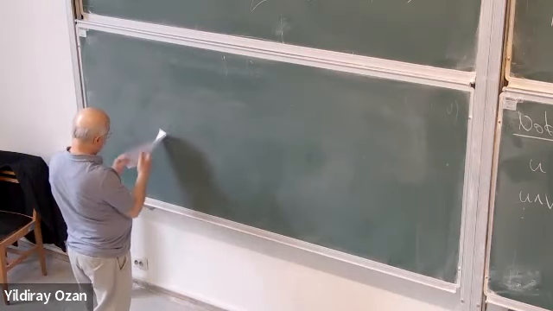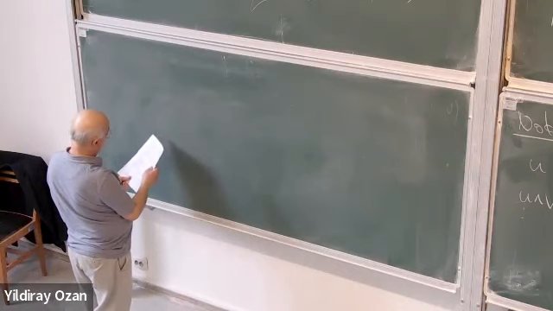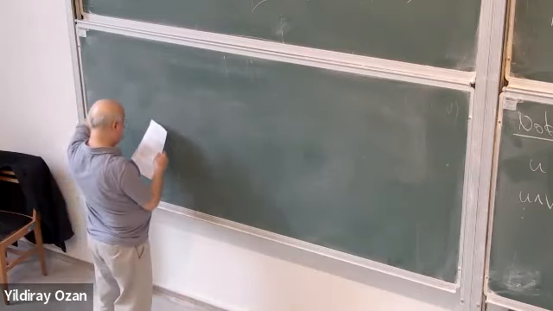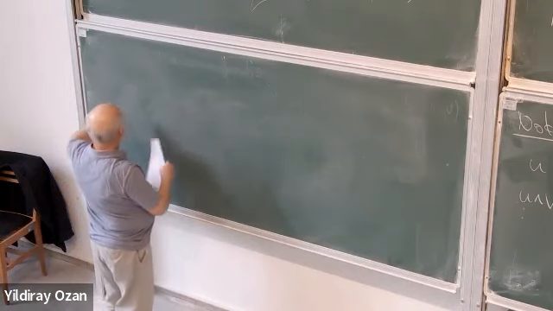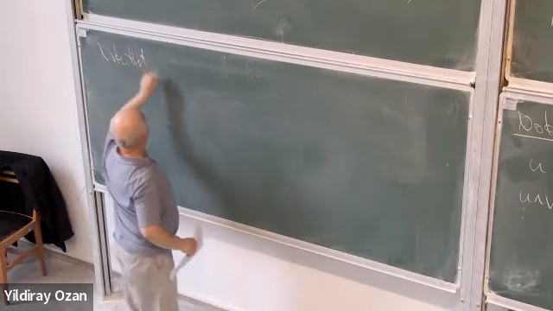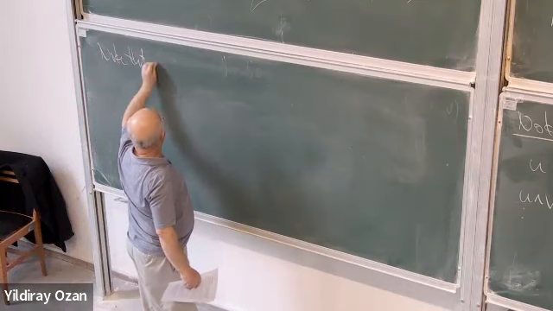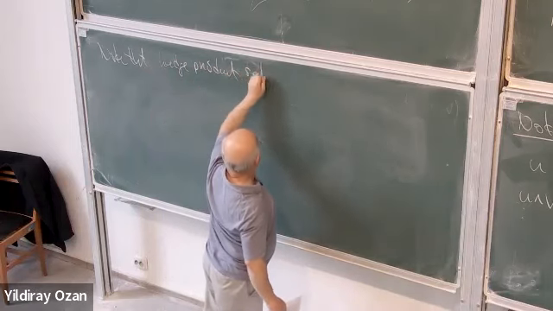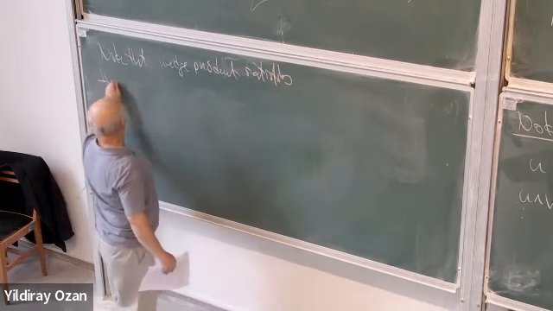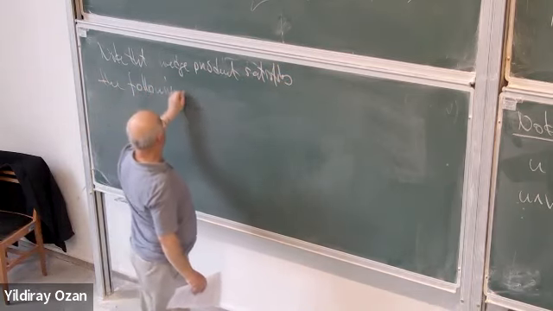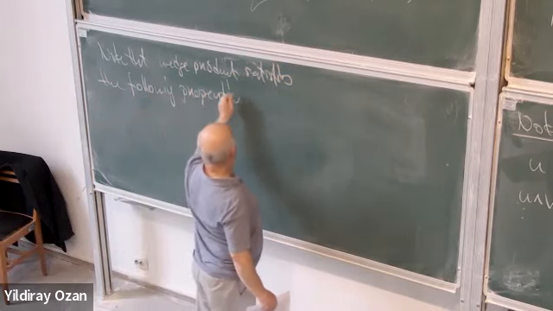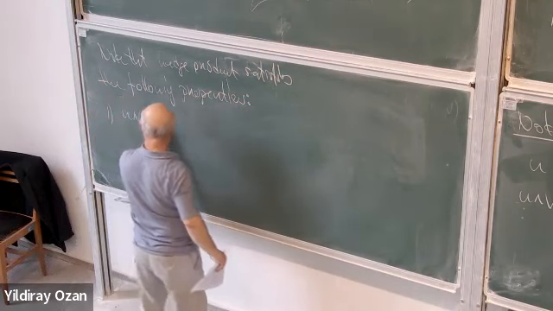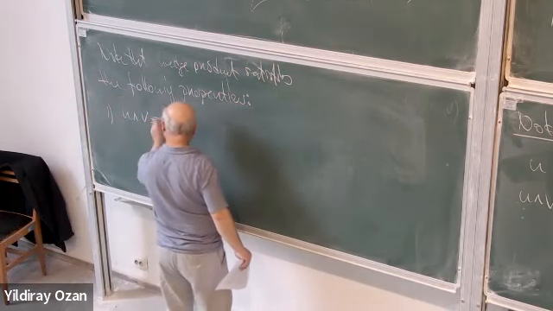Okay. Properties satisfied. What are they? First, U wedge V is the same as minus V wedge U, right?